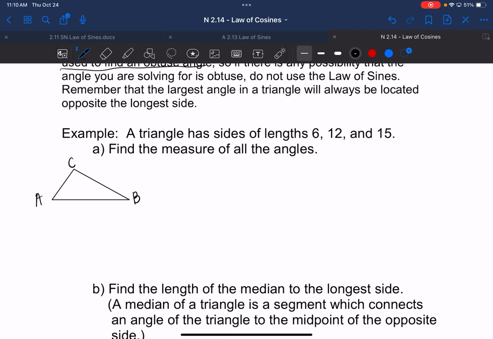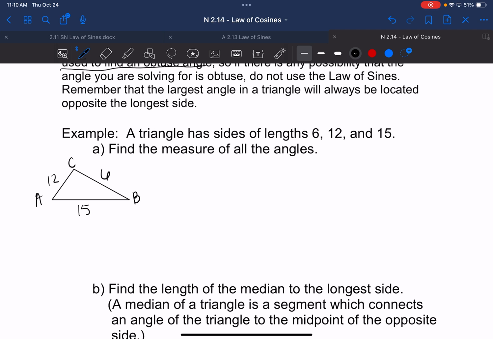It doesn't necessarily matter which side you label which. I'm going to put the 6 across from A, the 12 across from B, and the 15 across from C. So if you want your letters to match up with mine. Okay.